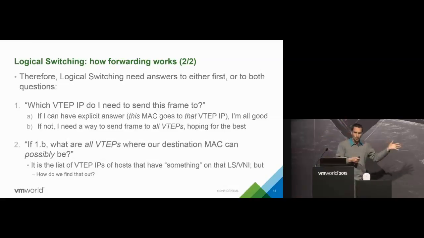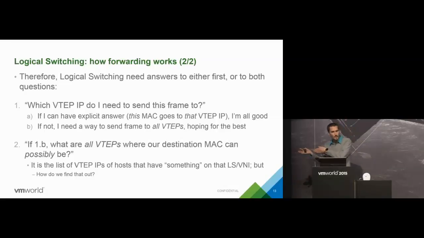For forwarding to work, logical switching needs to have answers to the following questions. Do I know the IP address of the VTAP where I need to send that frame? If it already has that data, it will do the encapsulation and send it off. If it doesn't have that data, it will need to send that frame to all the VTAPs on that logical switch and hope that it will find its destination.